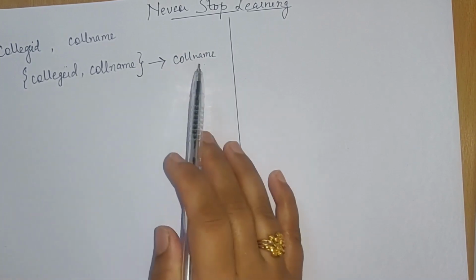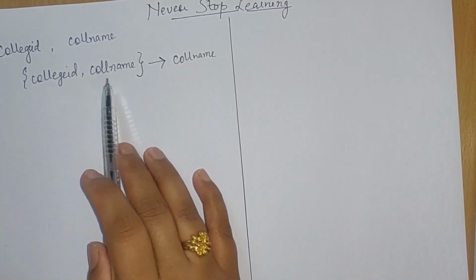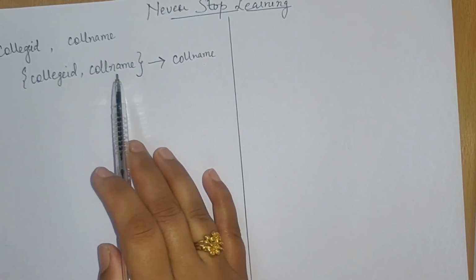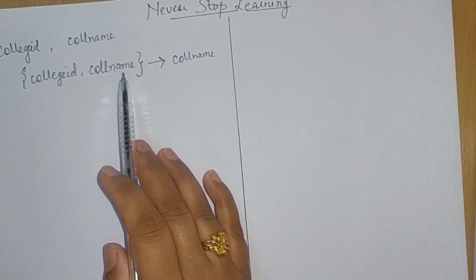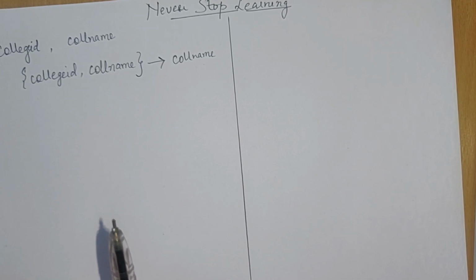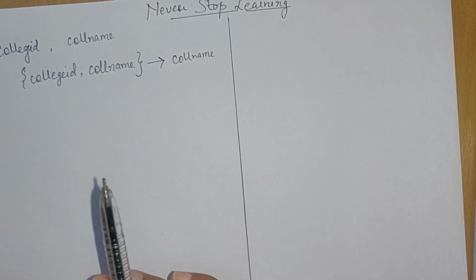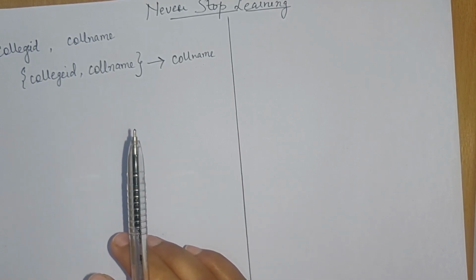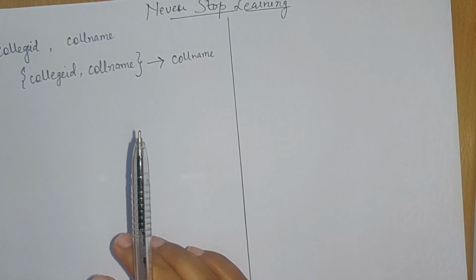Fine. So when it is a subset of the determinant, then we will be saying that it is a trivial functional dependency. Now understand what is a non-trivial functional dependency.